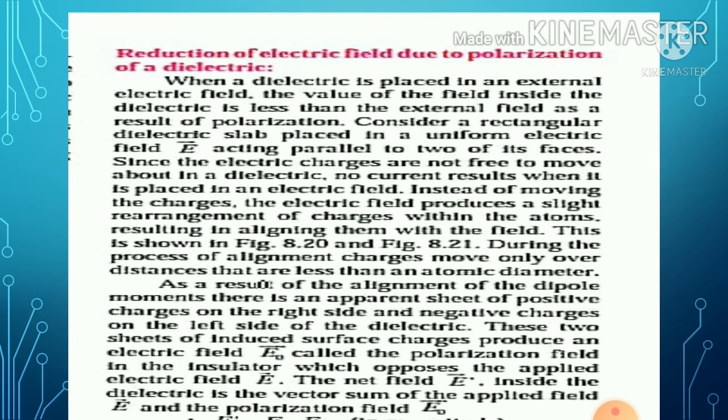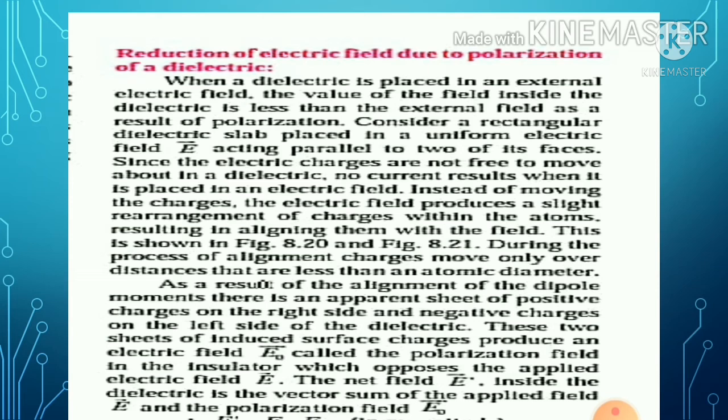Charges move only over distances that are less than the atomic diameter.